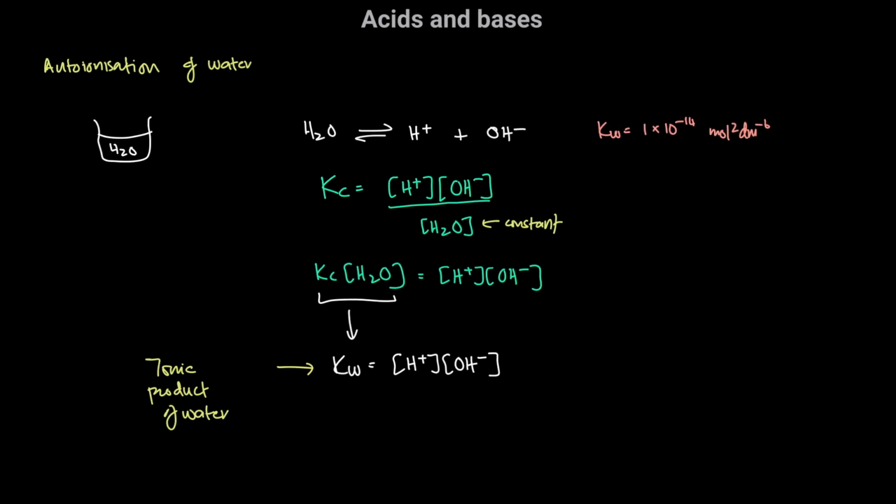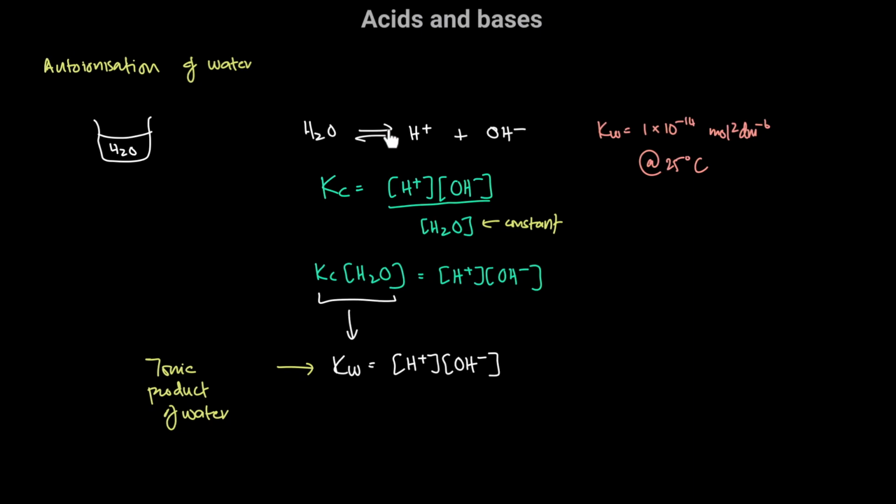This is the value of Kw at 25 degrees Celsius, or we can say at 298 Kelvin. Obviously, if we change the temperature, we'll change the value of the equilibrium constant. In this case, autoionization is an endothermic process, so an increased temperature means increased ionization.